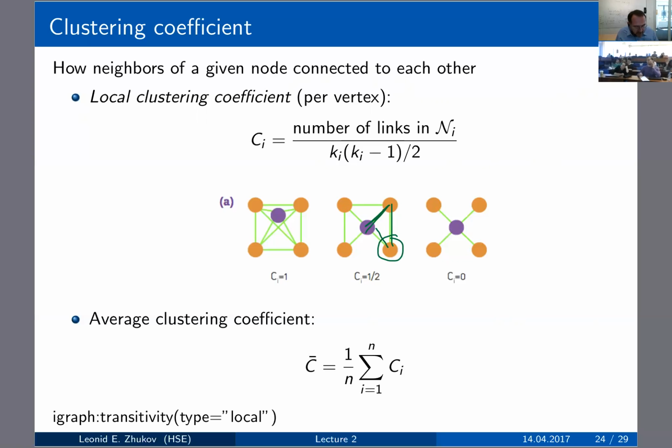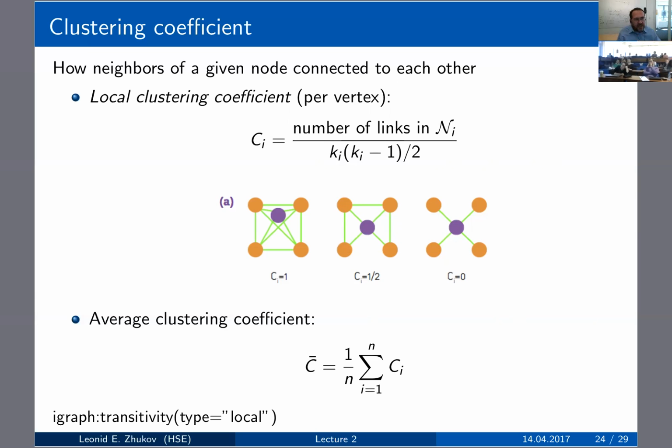So the clustering coefficient is 1. For this guy, it has 1, 2, 3 connecting nodes, but it's a member of only 2 triangles, right? So out of the 1, 2, and this third possible connection, it only has 2, so it is 2/3 for this guy, and so on. So you can calculate those.